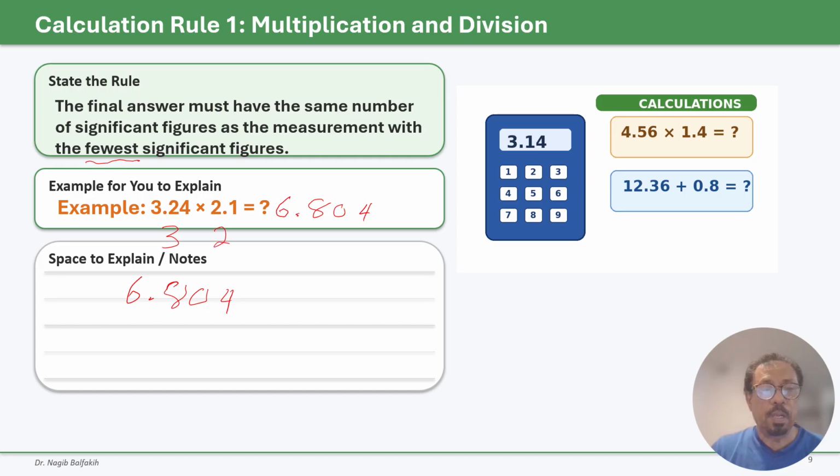The final answer has to be 2 sig fig. So the final answer will be 6.8. Now the next number is 0, which is less than 5, so we cannot round it up to 9.